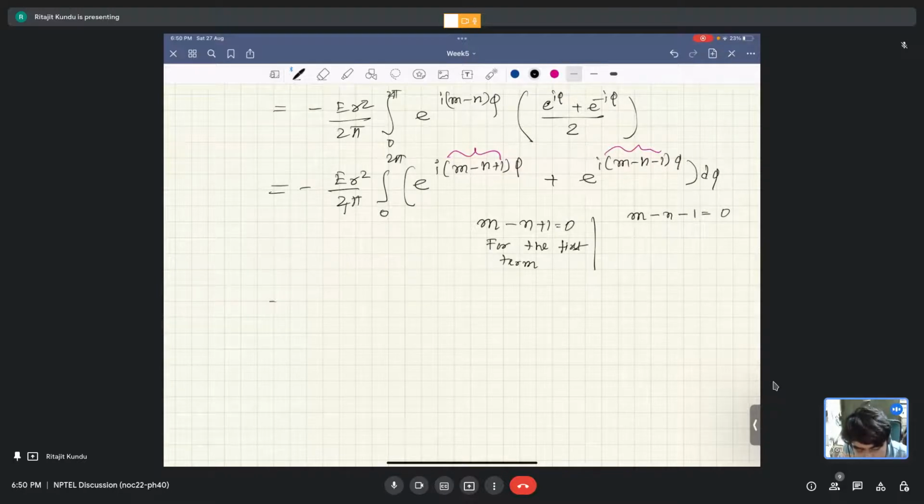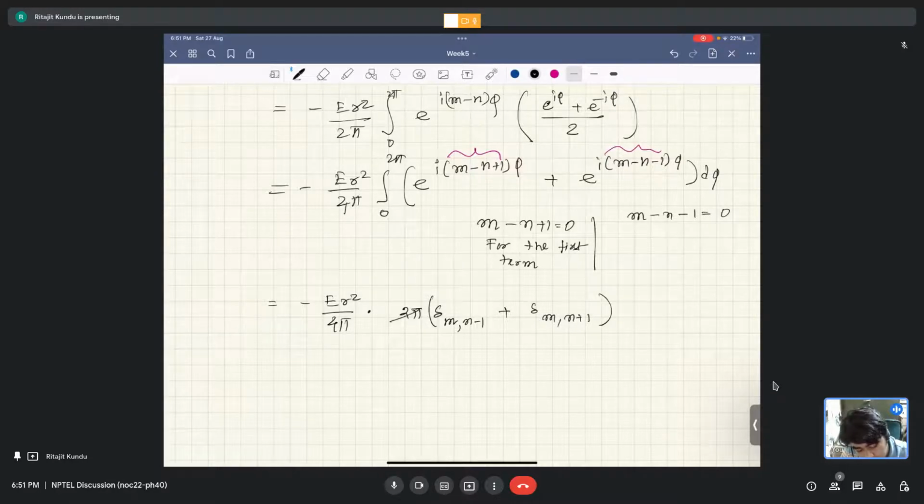We can write these values very simply using the Kronecker deltas. So this is given by 2 pi Kronecker delta m comma n minus 1, and there is additionally delta m comma n plus 1.